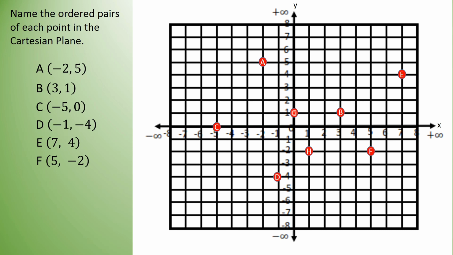So therefore, the coordinates of point G is 0, +1. Okay, last is point H. We have here point H. The value of x is +1 and our y is -2.